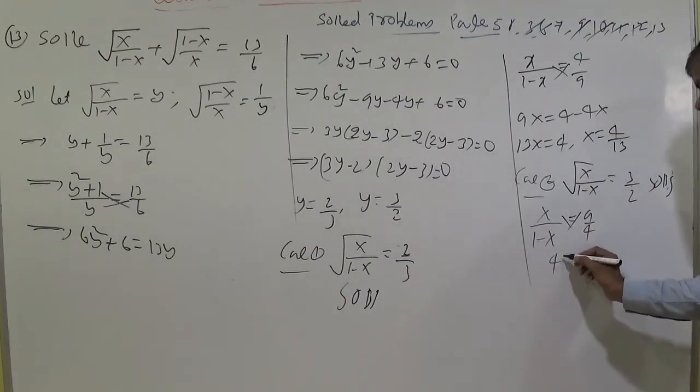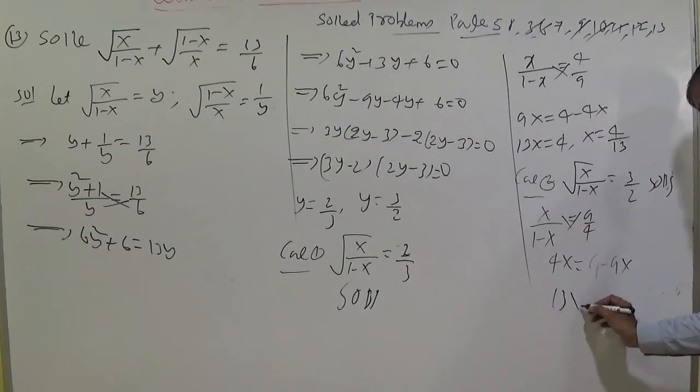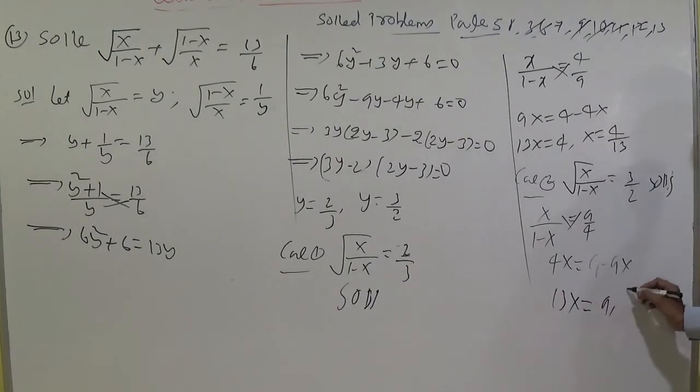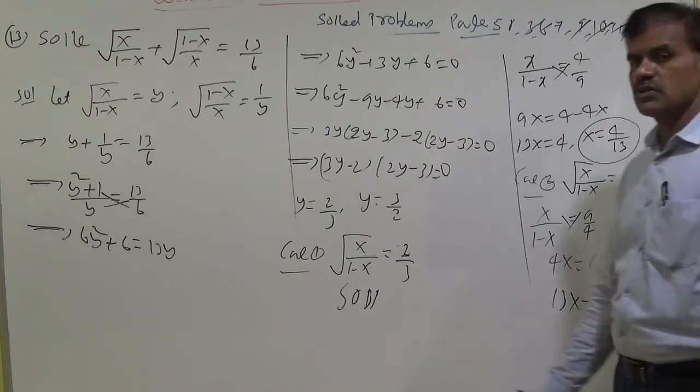By cross multiplication we get 4x is equal to 9 minus 9x. Taking minus 9x to this side, 13x becomes 9, so x becomes 9 by 13. So two values we got. The first one is x equal to 4 by 13 and the second one is x equal to 9 by 13.